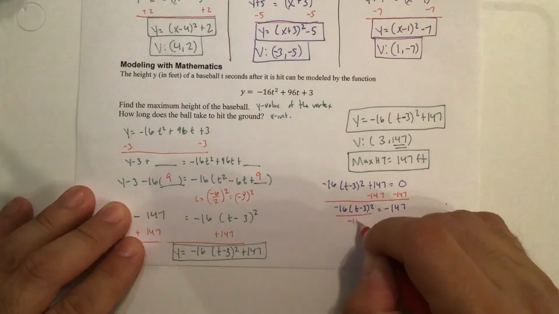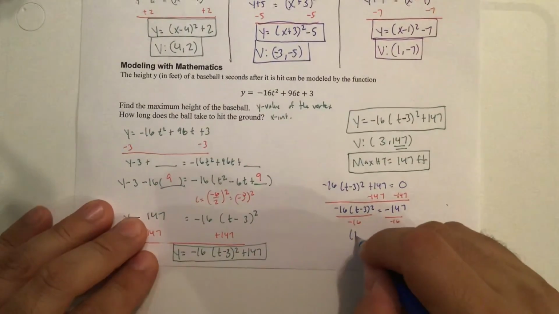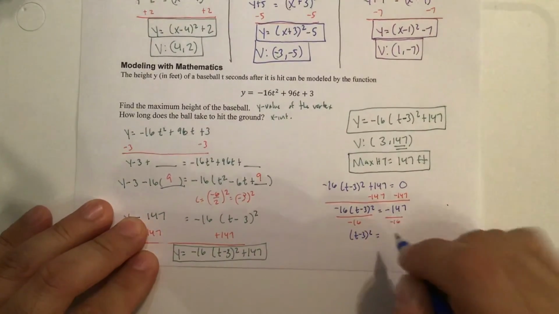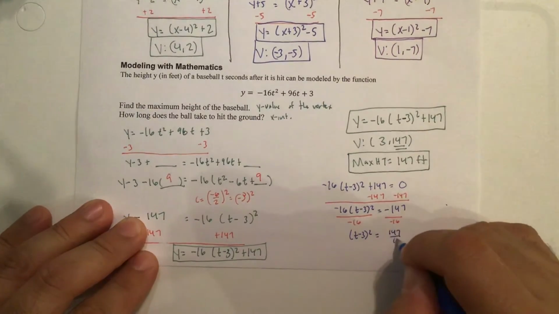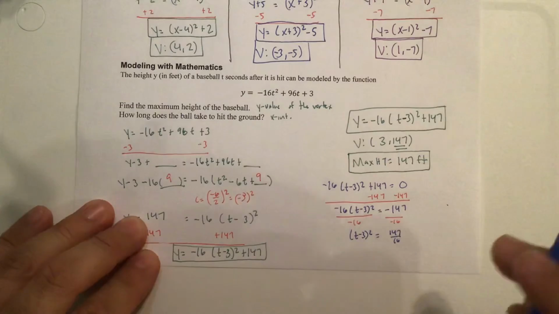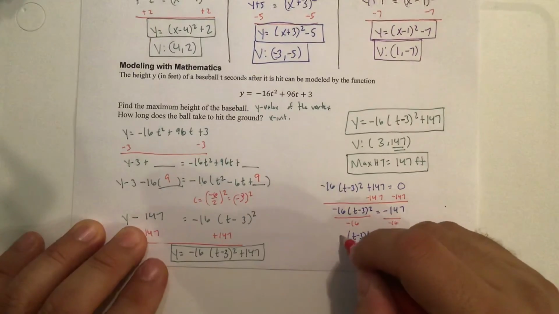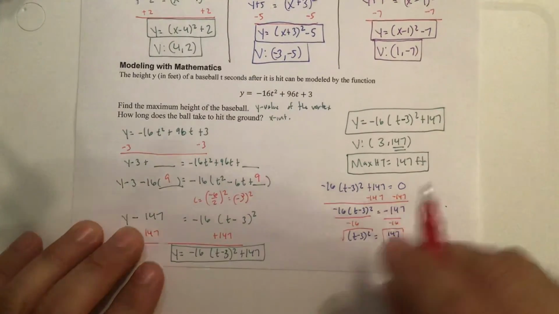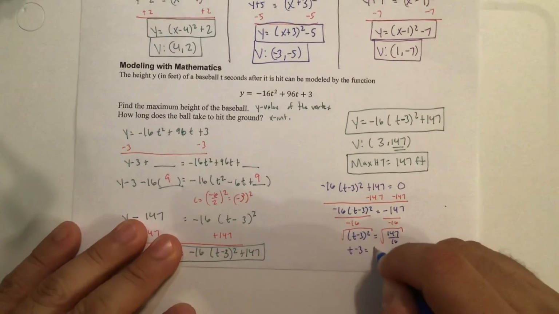Divide both sides by negative 16. So we get parentheses t minus 3 squared is equal to negative divided by negative is positive. So 147 over 16. Now I'm going to keep it as a fraction because when I do my final answer in the calculator, then I'll make it a decimal. To get rid of the square, we square root both sides. So we get t minus 3 equals plus or minus, right?